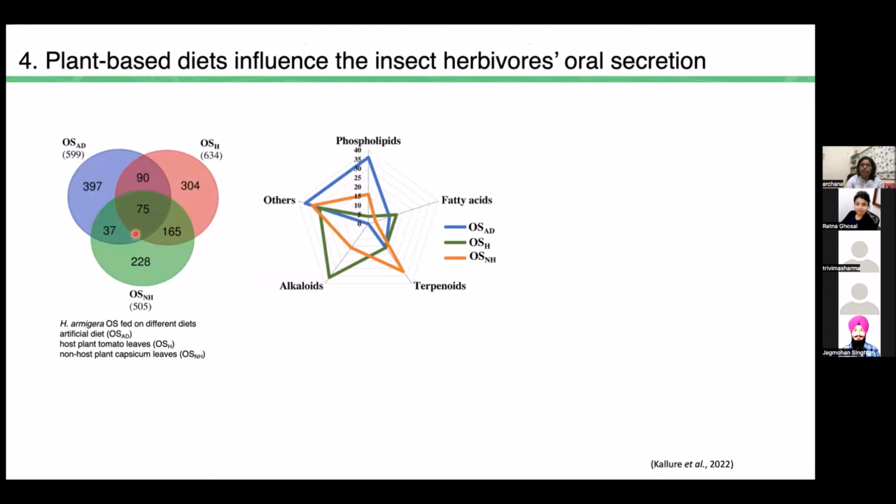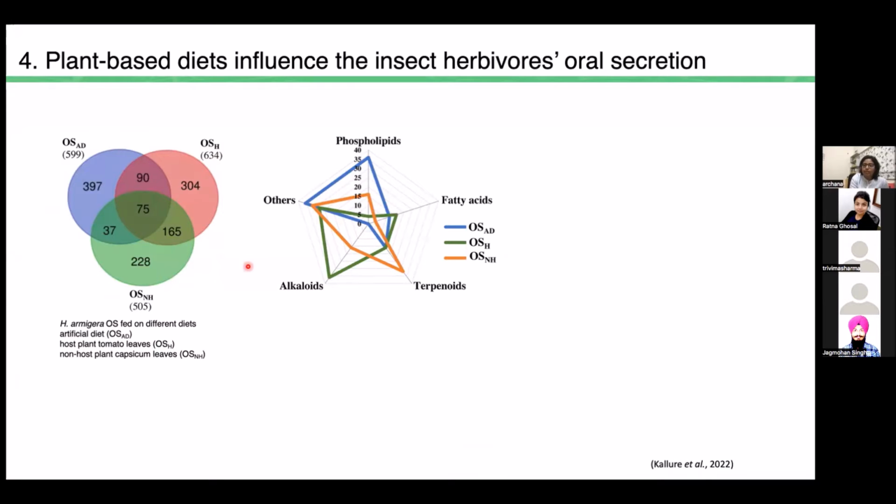So when we thought about why an insect is preferring one plant compared to the others, we used Helicoverpa armigera as insects, and we fed them on artificial diet and on the host plant, which is a tomato plant here, and then on the non-host plant, which is a capsicum for the Helicoverpa armigera. So we found that on the non-host plant, their growth is very less compared to the tomato and artificial diet.